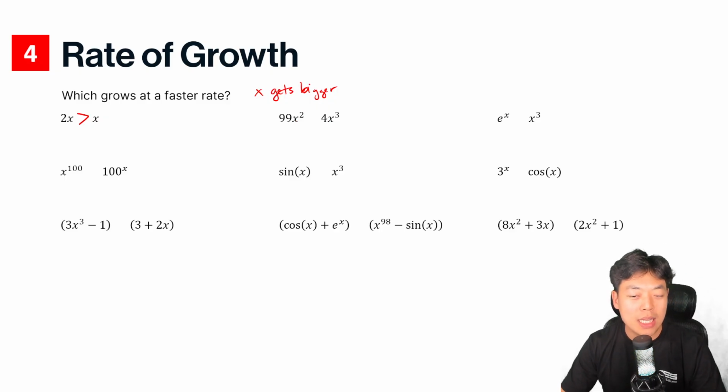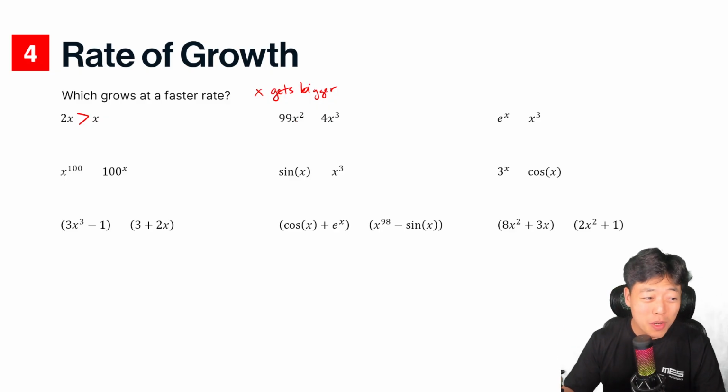This one might make you think a little bit, but as x gets bigger and bigger, there's no question 4x cubed will start growing faster, because the 4 and 99 almost become ignorable as x gets really, really big. e to the x and x cubed.